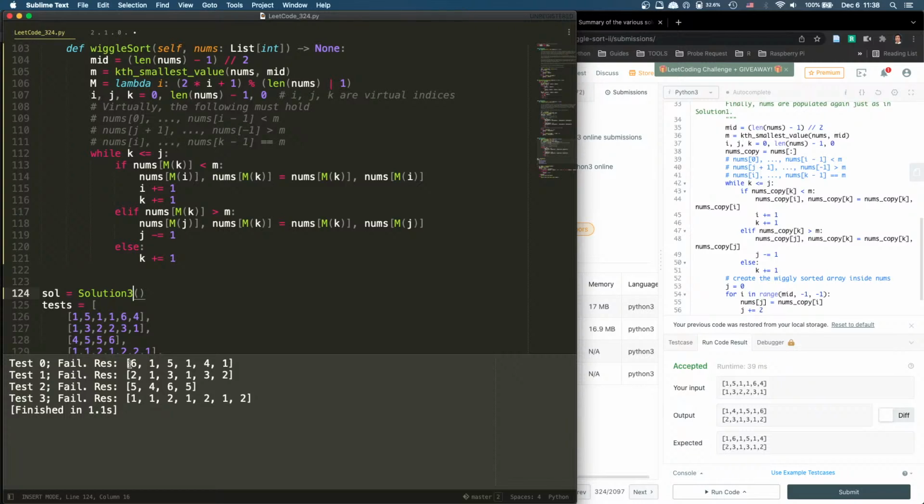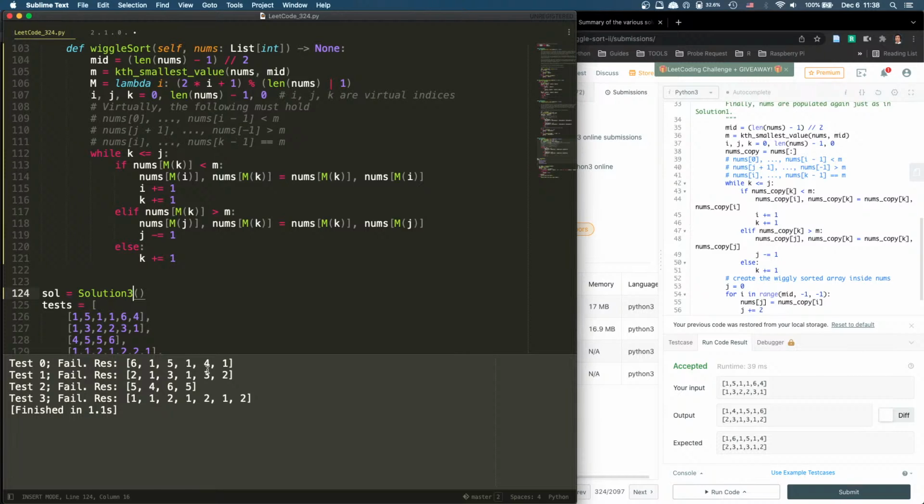Six, 1, 5, 1, 4. Oh, I know why. This is putting the larger value on the odd position. So no. If it's larger than, we put it in the left half. The left half needs to be bigger, and the right half needs to be smaller. So it's like this. Reverse this, and we pass.